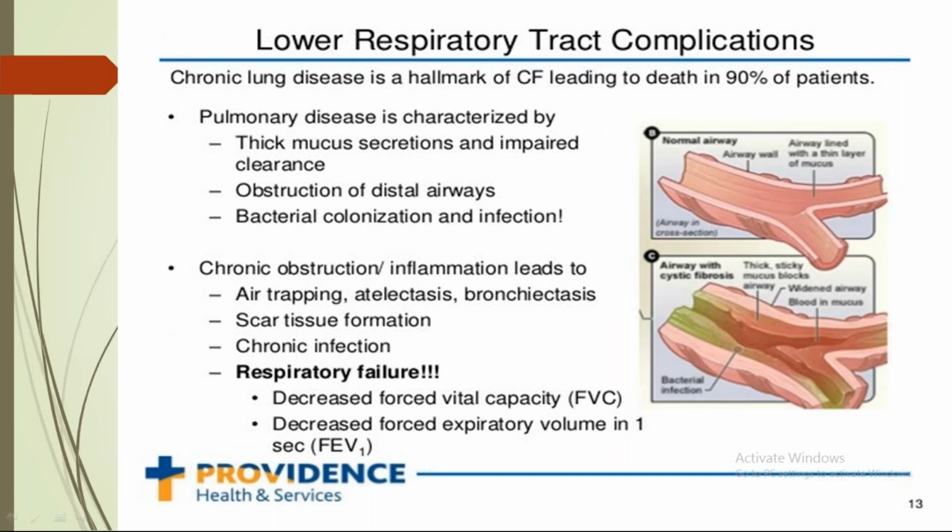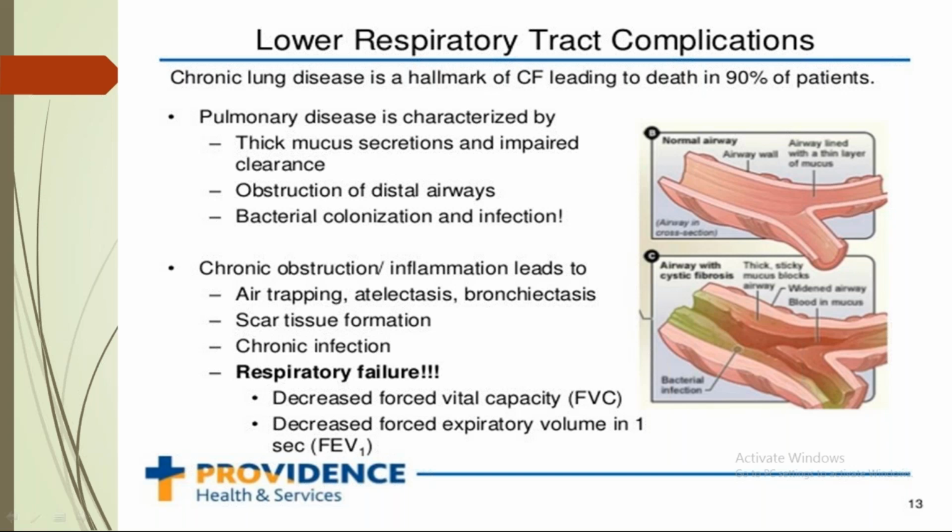Coming to the lower respiratory tract complications, patients mainly have chronic lung disease, which is the leading cause of death in 90% of patients. It is characterized by thickened mucus secretion and impaired clearance and obstruction of distal airways, leading to bacterial colonization and infection.